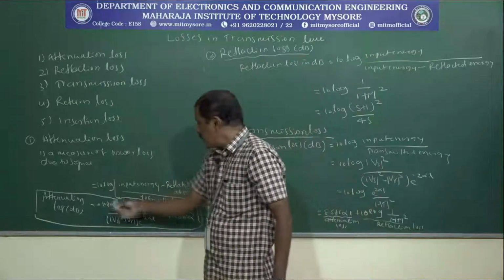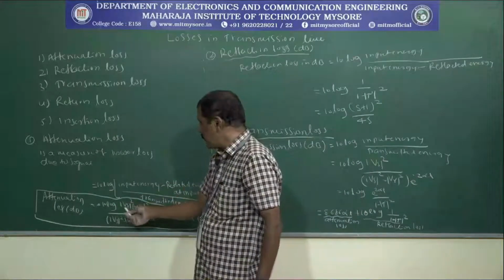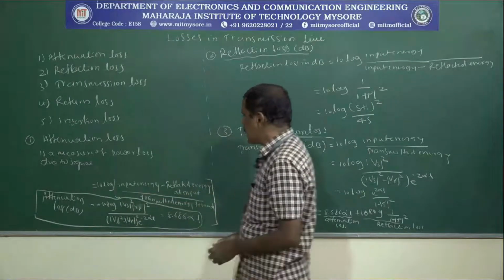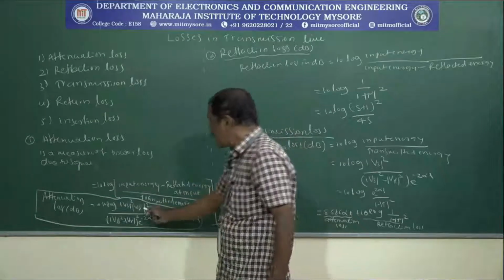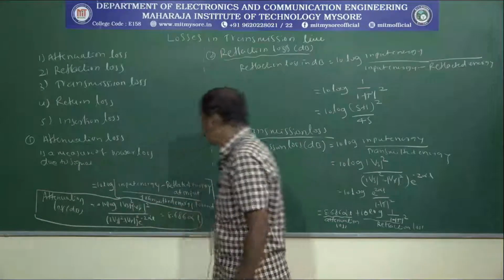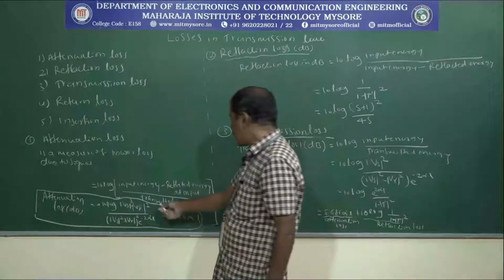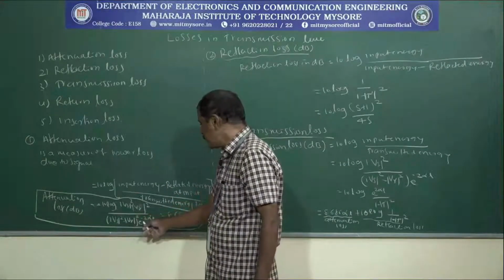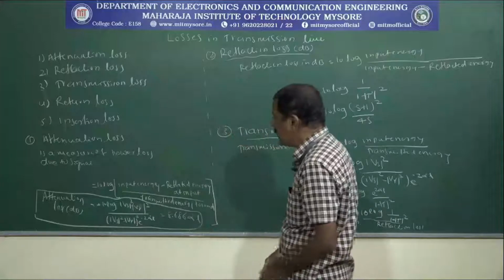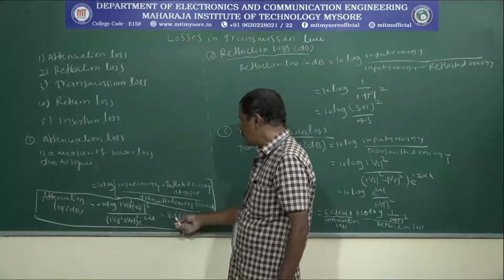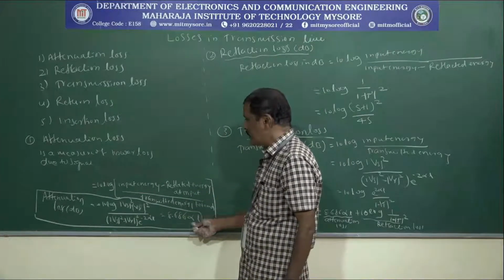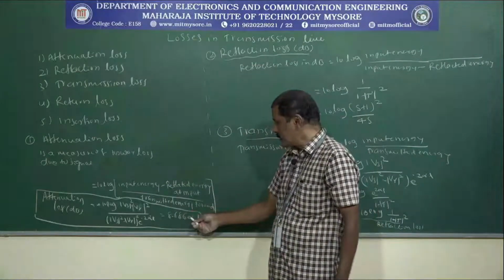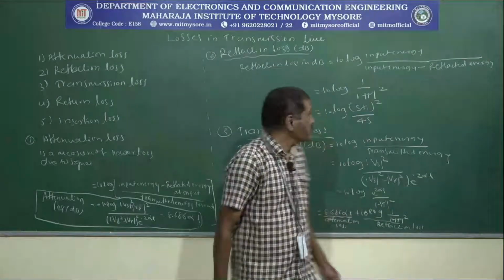In expression form, 10 log of (Vs² − Vr²), where Vs² is the input energy and Vr² is the reflected energy, divided by the transmitted energy to the load, which is (Vs² − Vr²) e^(−2αL). This value is 8.686 αL, that is, attenuation loss is given by 8.686 αL.